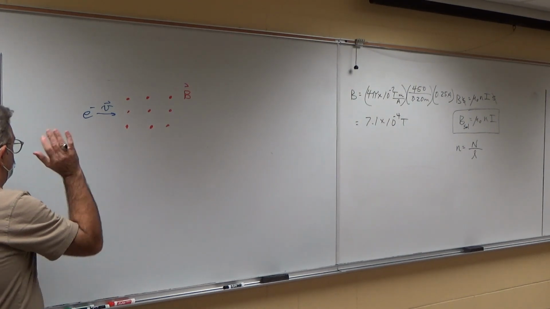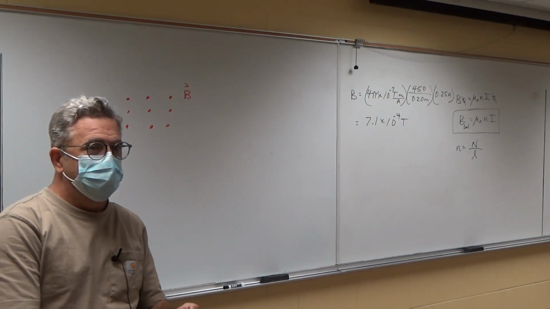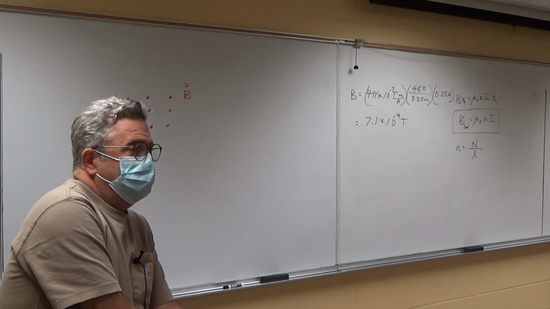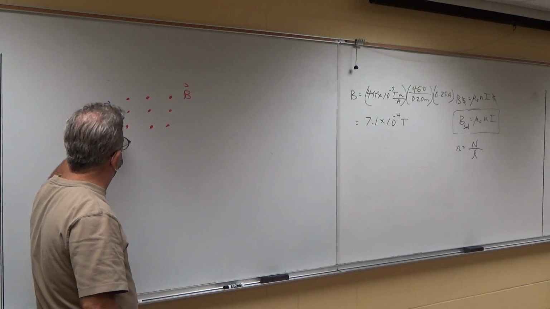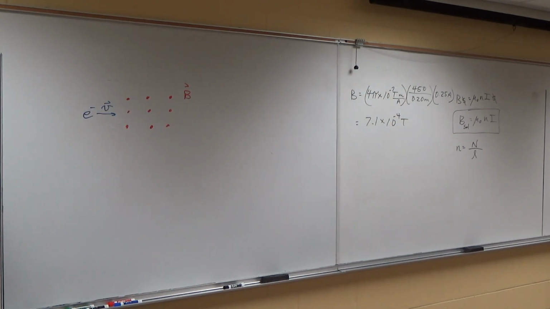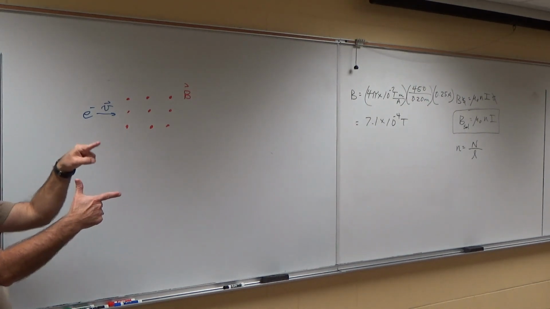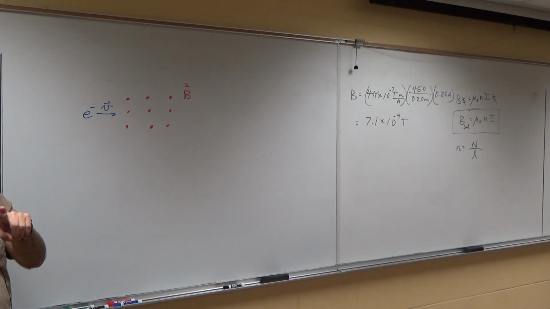So, this is a typical first question test problem. Which way is the electron going to circulate? Is it going to be clockwise or counterclockwise? Well, this is V, the velocity vector. This is B, the magnetic field vector.